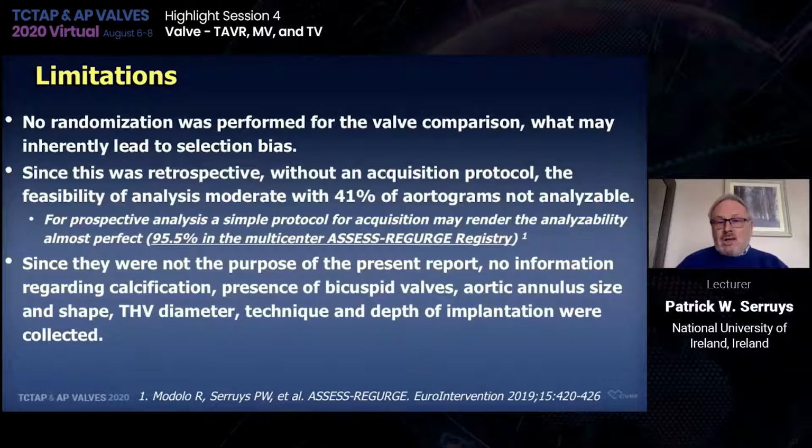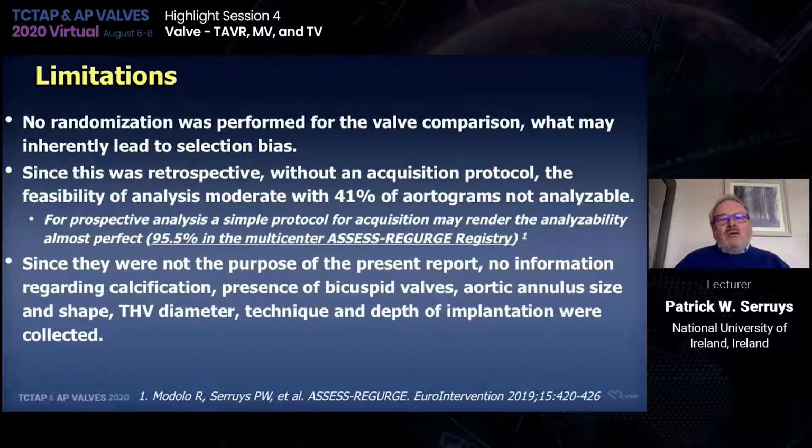But I can also tell you that we have published a quite large registry, Assess-Regurg, where there is a prospective protocol, and globally the analysis was feasible in 95.5%. And our Japanese friends had 100% feasibility of analysis, respecting very much the separation between the descending aorta and the region of interest.